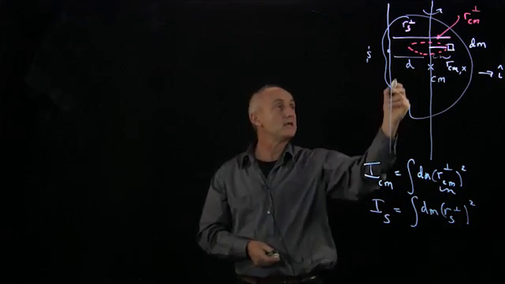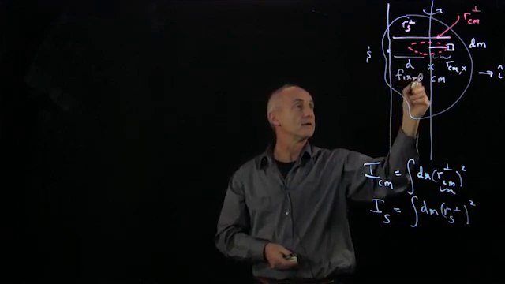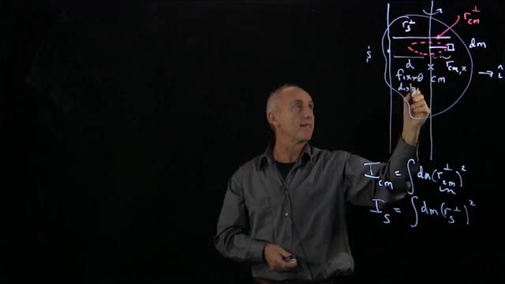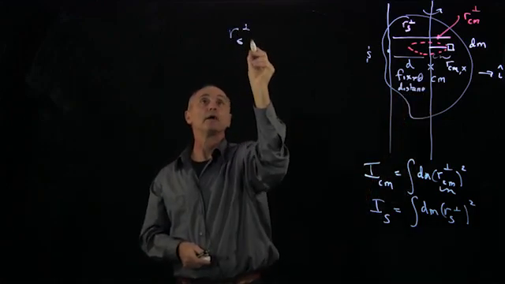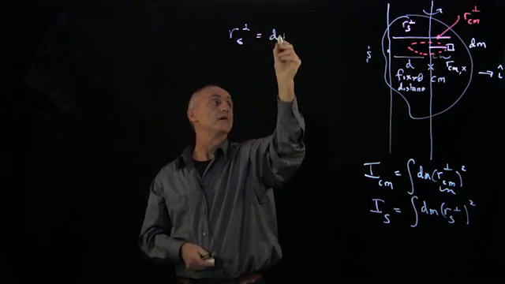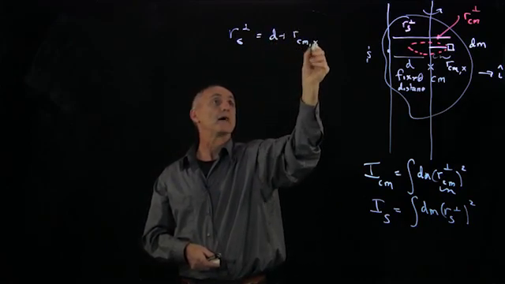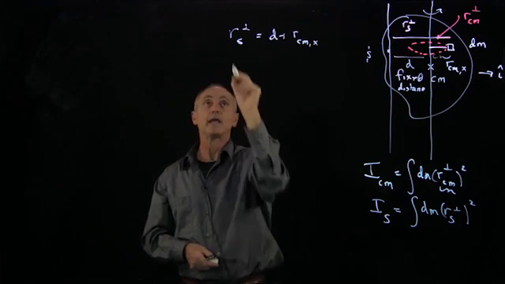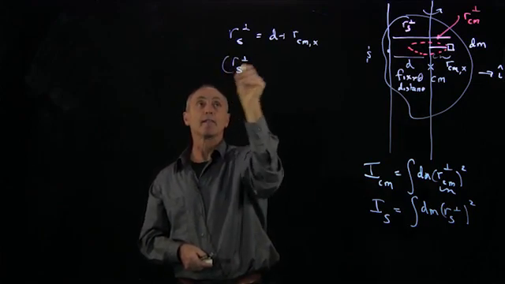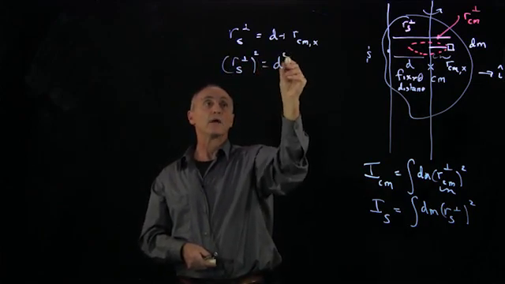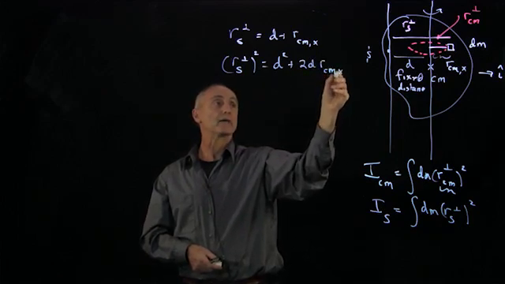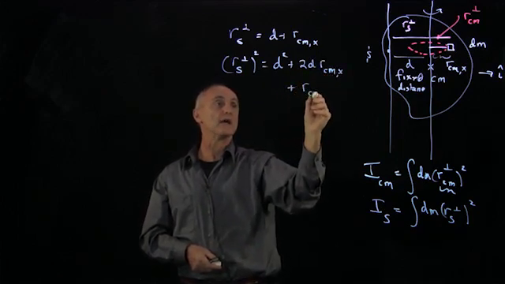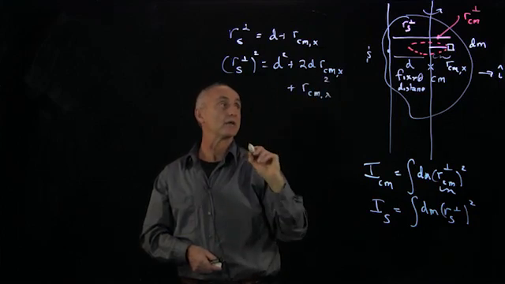Well, d is a fixed distance. And you can see from my diagram that rs perp is equal to d plus rcm x. And if I square this, I get d squared plus 2d rcm x plus rcm x squared.